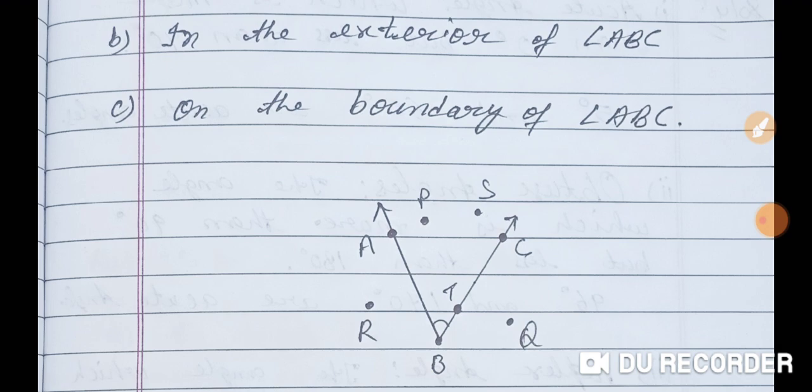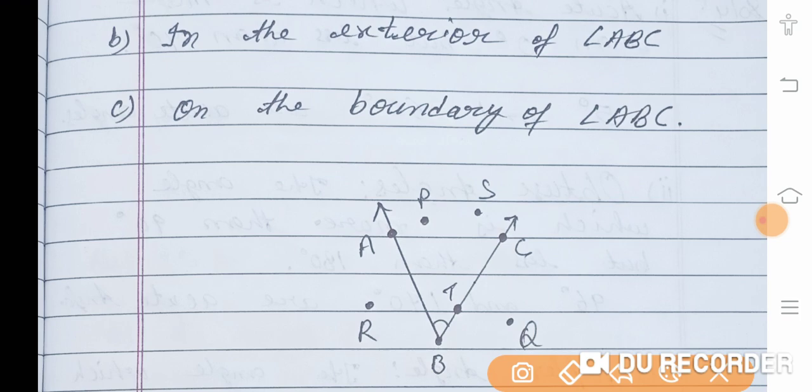So firstly we have to discuss the interior and exterior. For the interior, the area inside the arms of an angle is known as its interior. This whole area will come under the interior.